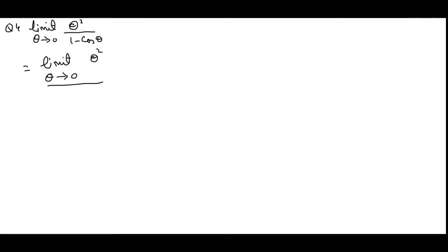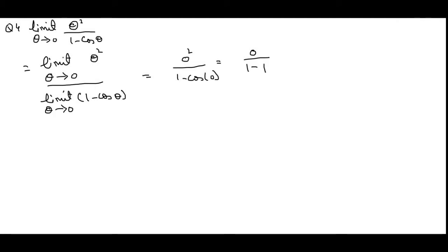On applying the limit, we get 0 whole squared over 1 minus cos 0, that is 0 over 1 minus 1, because the trigonometric value of cos 0 is 1, so 0 over 0. It is again an indeterminate form, and we apply L'Hospital's rule.